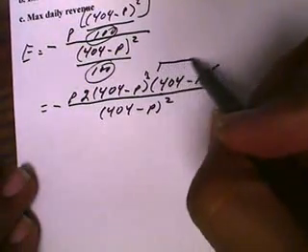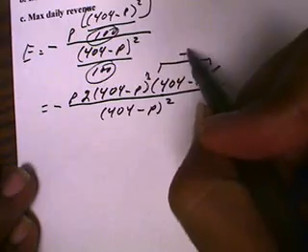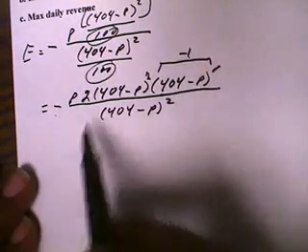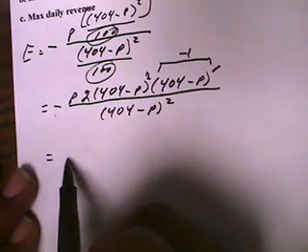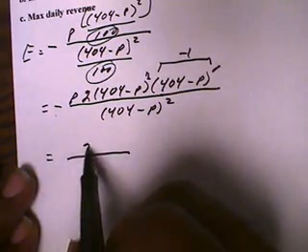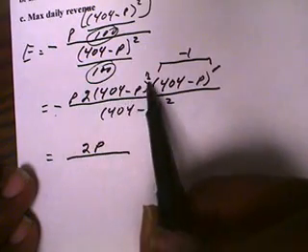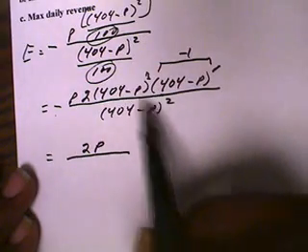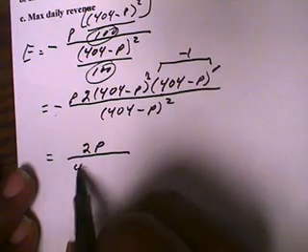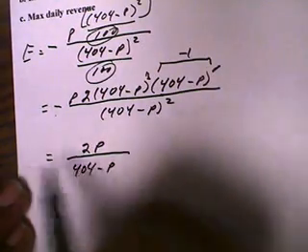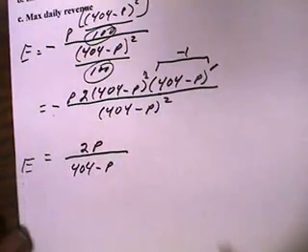Okay, the derivative of this will be 0 and negative 1. This negative 1 I will multiply with this negative, which gives me positive. And now I have a positive 2p. I have a 404 minus p to the first power and 404 minus p to the second power. These will simplify down to just a single 404 minus p in the denominator. And this will be my formula.